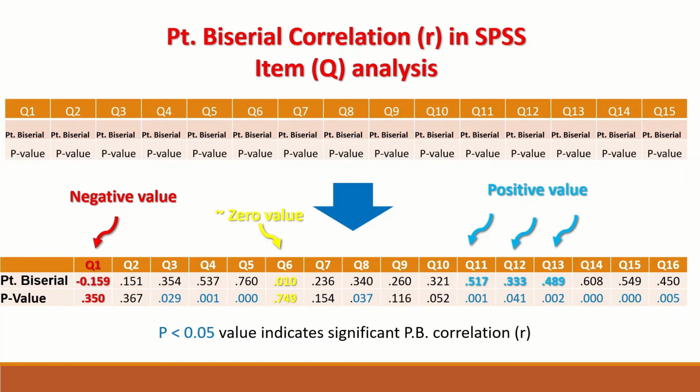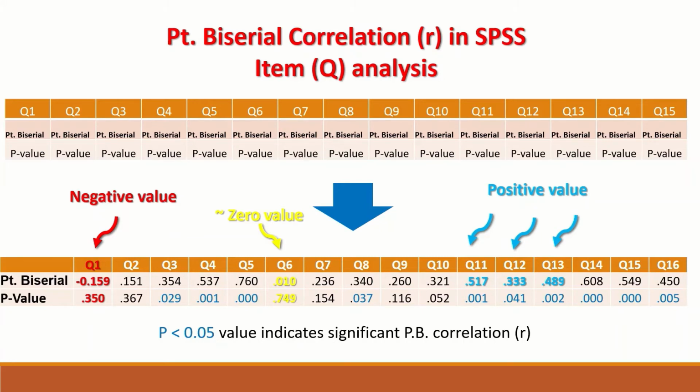If we look at question number 11, 12 and 13, we can see that the R value is very high, 0.51 for question number 11, and the p-value is less than 0.05. So question number 11 is a very good question in discriminating between students, categorized as a very good question.